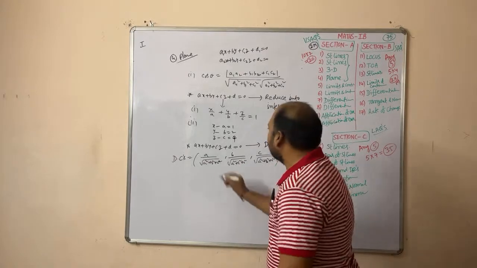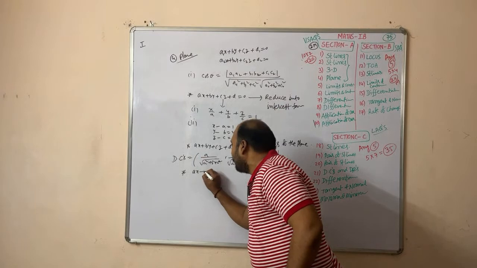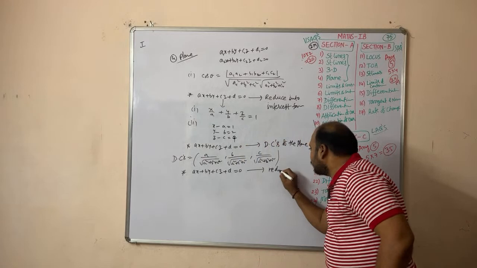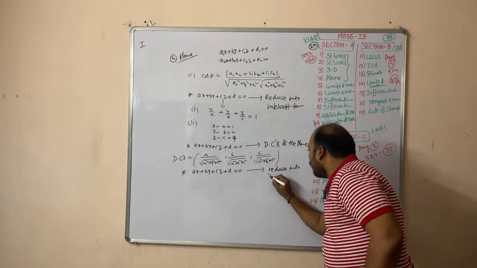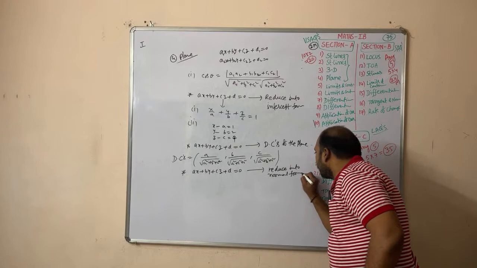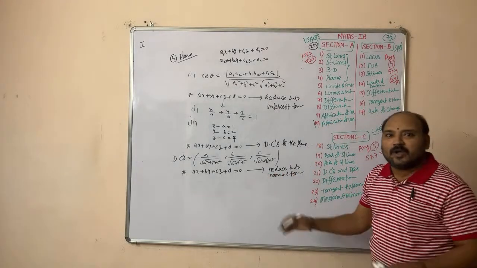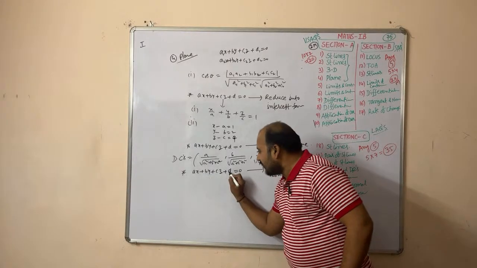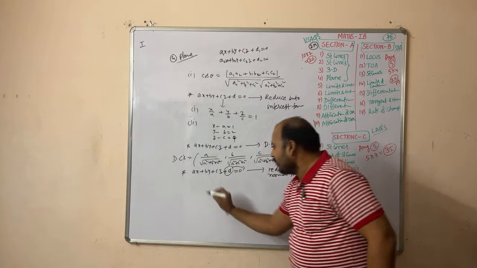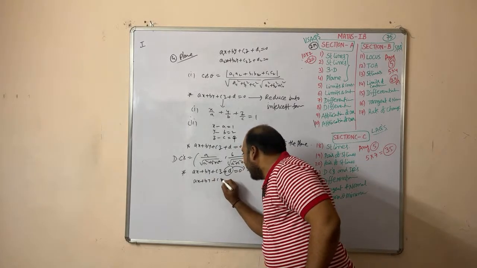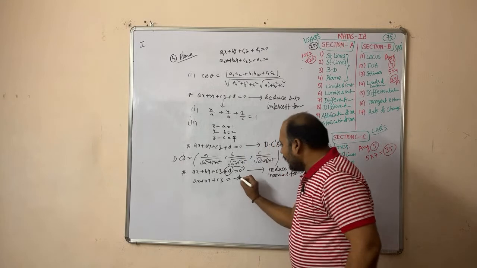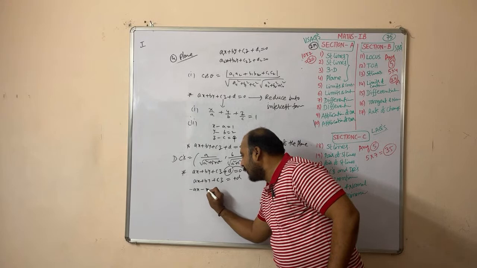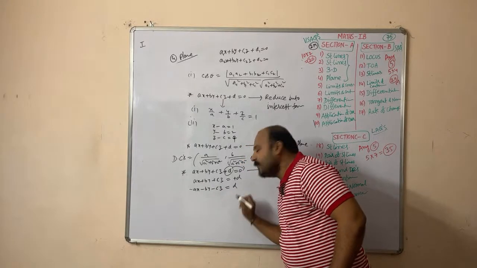Sometimes they will ask to reduce this equation, ax plus by plus cz plus d equal to 0, into the normal form. How to reduce to normal form? In the straight line topic we have already done it. First take this constant outside: ax plus by plus cz is equal to minus d. Here I want to get plus, so multiply each and every term by minus: minus ax minus by minus cz equal to d.